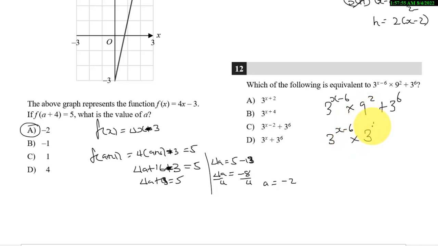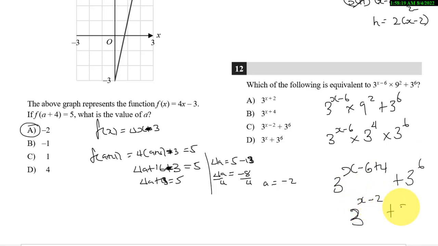So this becomes 3 to the power 4 times 3 to the power x minus 6, plus 3 to the power 6. So this is 3 to the power x minus 2 plus 3 to the power 6. So the answer is C.